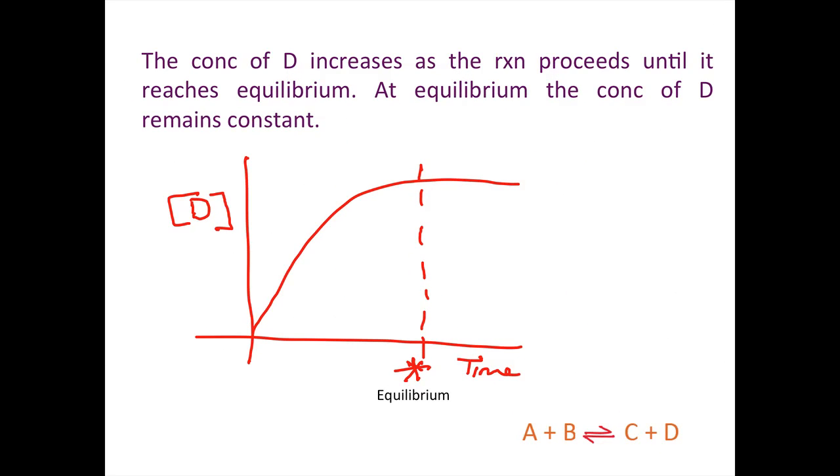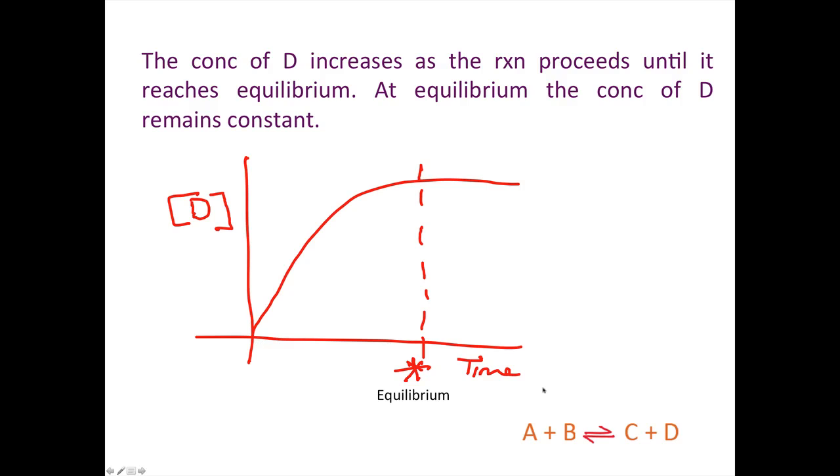Now let's look at the concentration of D. The concentration of D increases as the reaction proceeds until it reaches equilibrium. At equilibrium, the concentration of D remains constant. So if you look at the graph here, remember at the beginning you only had A and B. So at the beginning of the reaction, there will be no D, so D will be 0.